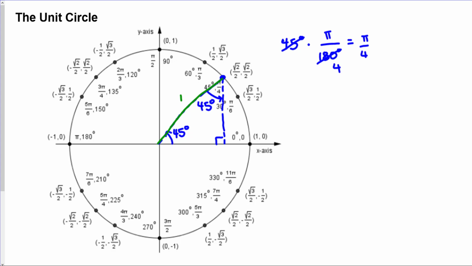And because that distance is 1, and I know the ratio of sides for a 45, 45, 90 triangle, the ratio of sides was 1, 1, square root of 2. And the square root of 2 was opposite the hypotenuse. Well, the only problem is the distance on the hypotenuse is 1 and not the square root of 2. But that's easily corrected just by dividing each of these through by the square root of 2.